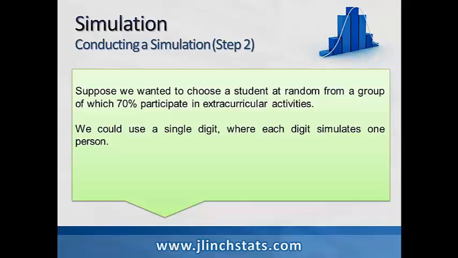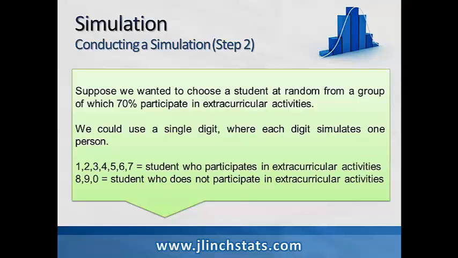Perhaps the digits 1, 2, 3, 4, 5, 6, and 7 represent students who participate in extracurricular activities. Then the remaining single digits, 8, 9, and 0, would represent a student who does not participate in an extracurricular activity.